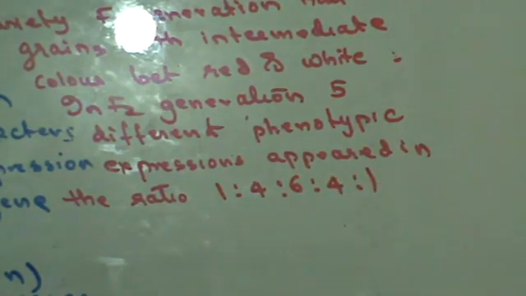Instead of just red, intermediate and white, I had 5 different phenotypes.